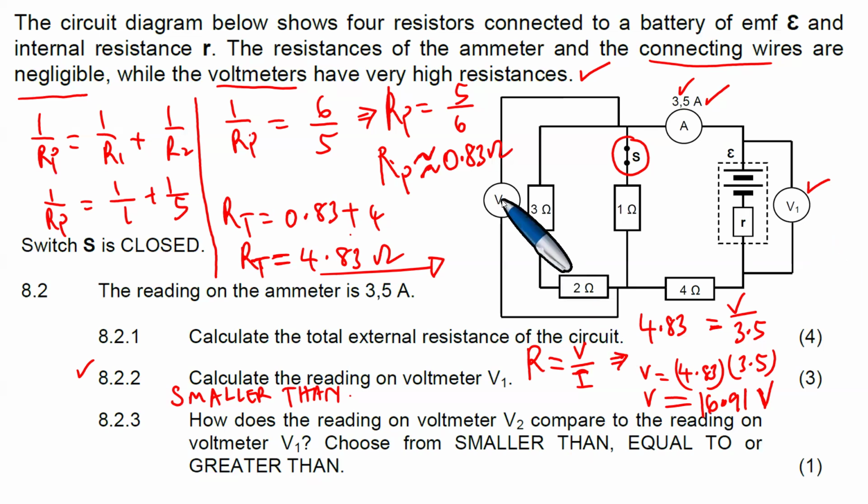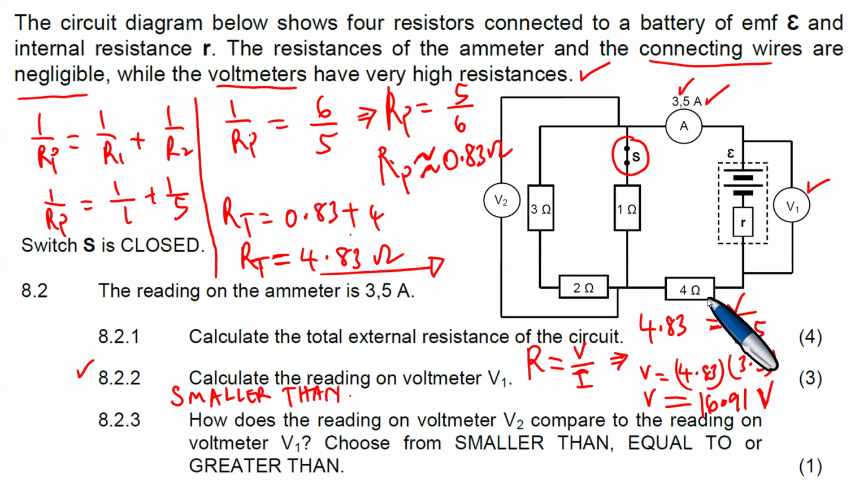But V2 has to do with measuring the potential difference of those resistors with which it is parallel. And now you have extra components like 4 ohms.